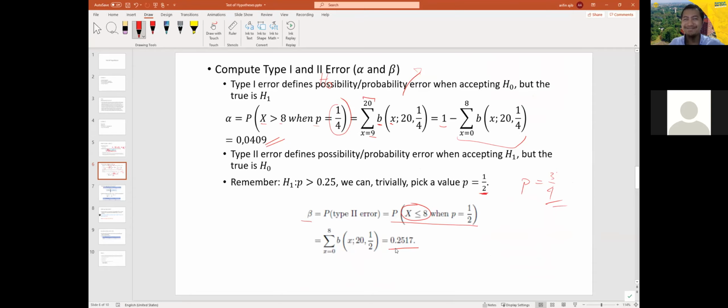Okay, any questions? Sir, what is the percentage of error that is considered a big error? Which part? I mean, after we find the probability, we get the values of beta and alpha, right? Yes. For example, the alpha is 4.0%, while the beta is around 25%. So what value of beta and alpha, or of error, is considered a big error?